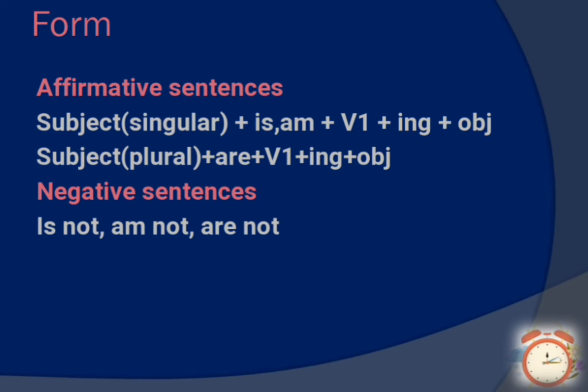For plural subject we have the auxiliary are. We will use first form of the verb with ing and object after that. For the negative sentences, we will add not after is, am, are.